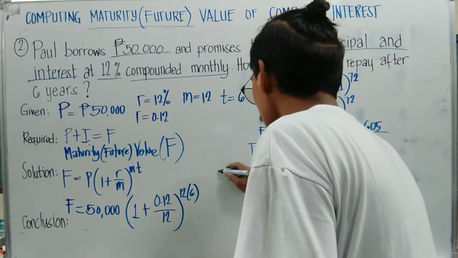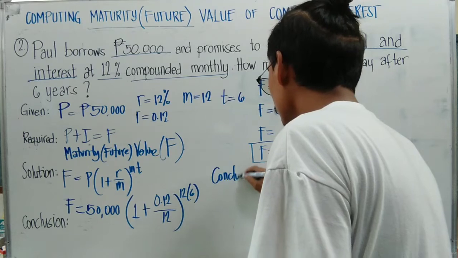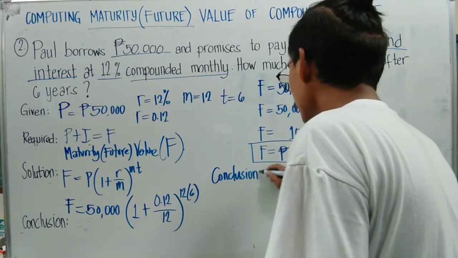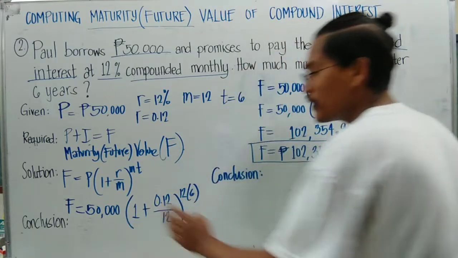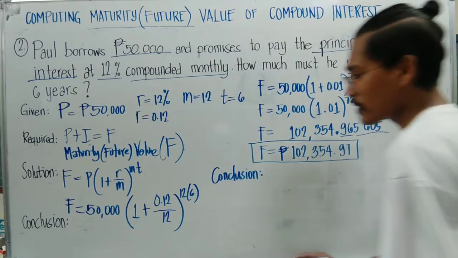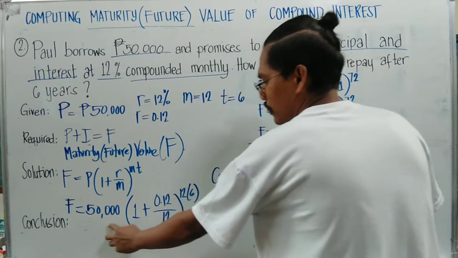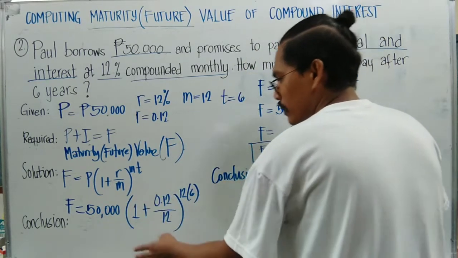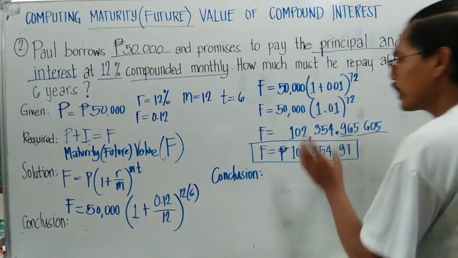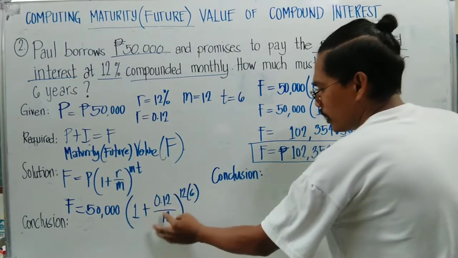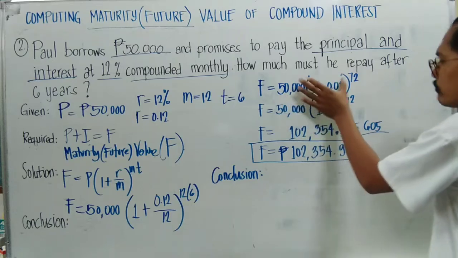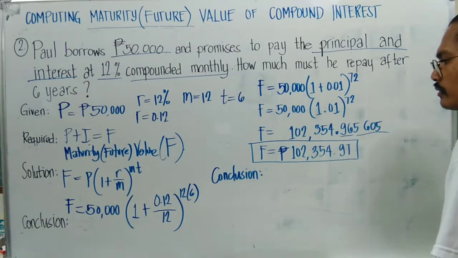By common sense. So, conclusion, okay? Going back from here, if you are using a calculator, of course, after you input these things and press equals, you will arrive at these things. So it's up to you whether you will solve it one by one, just like this one.